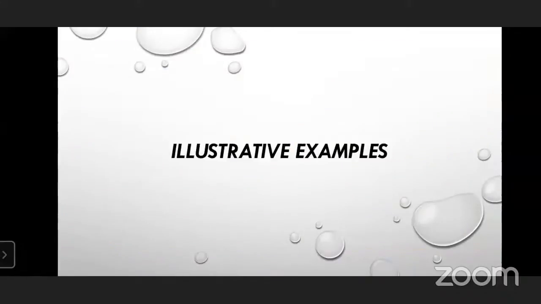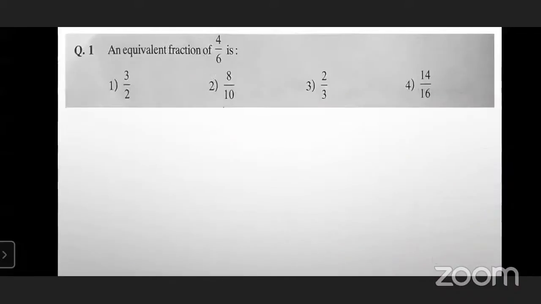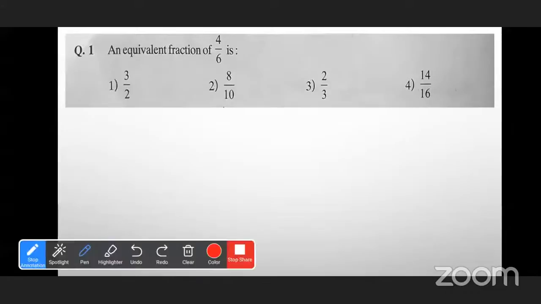Now we will see some illustrative examples. Okay, now read the question. An equivalent fraction of 4 upon 6 is... Okay, can you tell me the answer? Which one is equivalent to 4 upon 6?